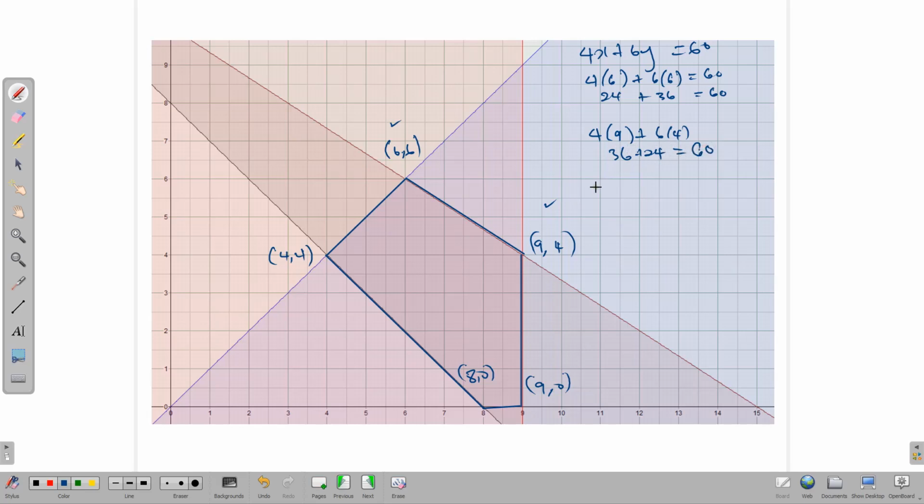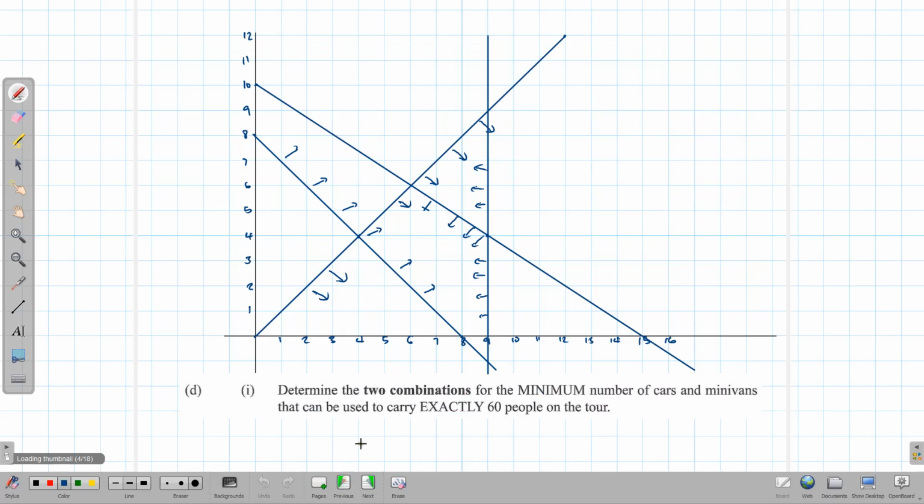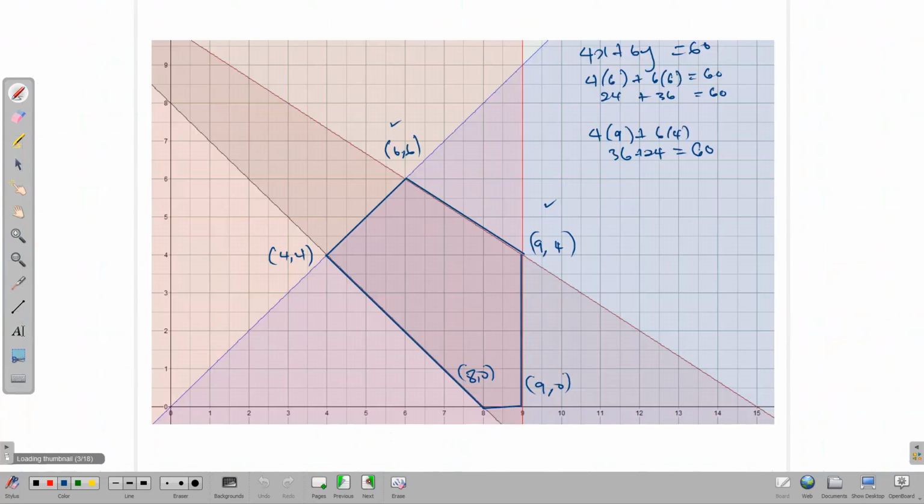So the two combinations of vans and cars that can carry exactly 60 people are 6,6 and 9,4. Remember, the x number is cars and the y number is minivans. So 6 cars and 6 minivans, or 9 cars and 4 minivans.